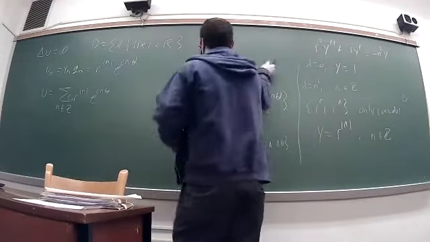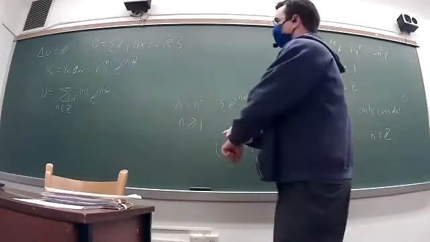And you can also write this another way. You could write this as u is equal to a naught over 2 plus the sum now goes from 1 to infinity of a_n cosine n theta.